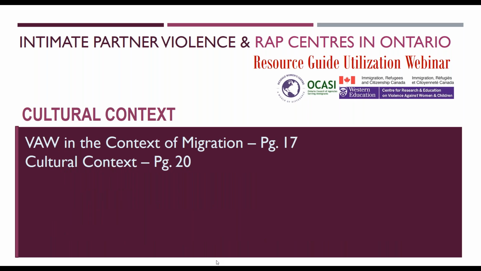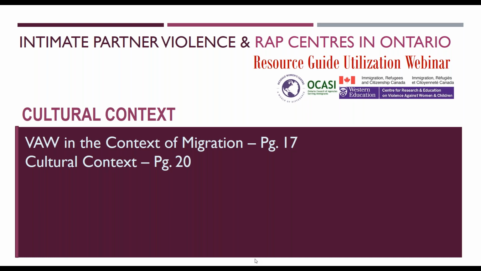Okay, so cultural context. To make the content of this resource guide more culturally competent, we added a chapter specifically for understanding the cultural context. Although we know that intimate partner violence is a global issue and it affects people from all ages, races, ethnicities, and different backgrounds, this chapter specifically explores how cultural background and significant life events such as forced migration would shape women's abuse experiences.